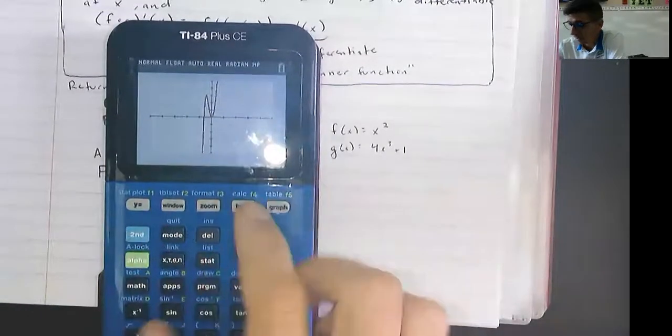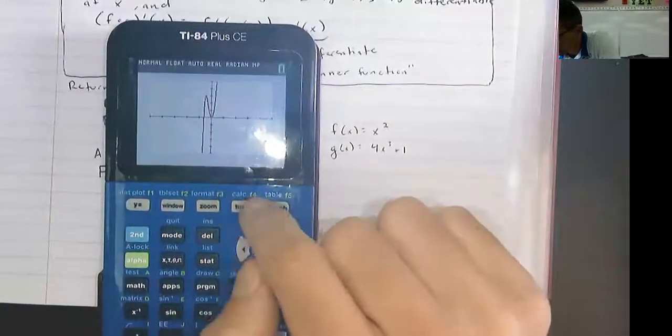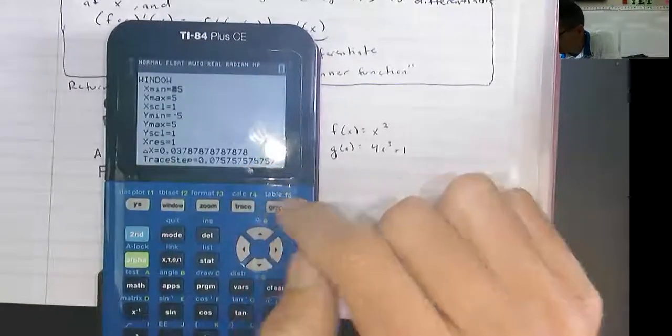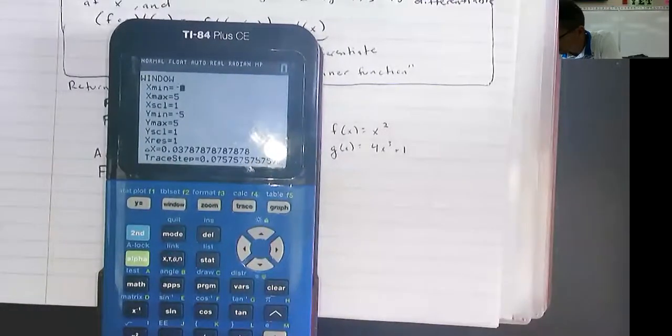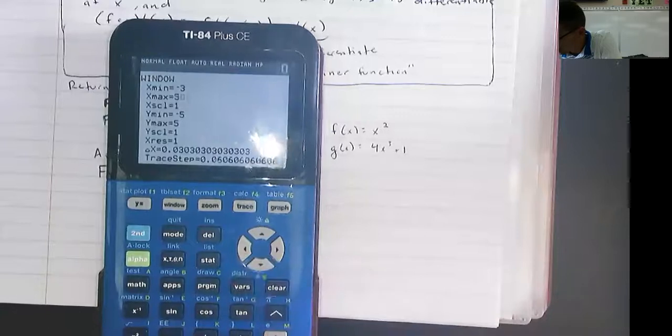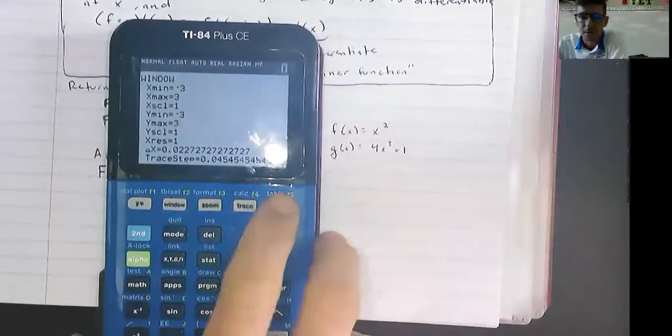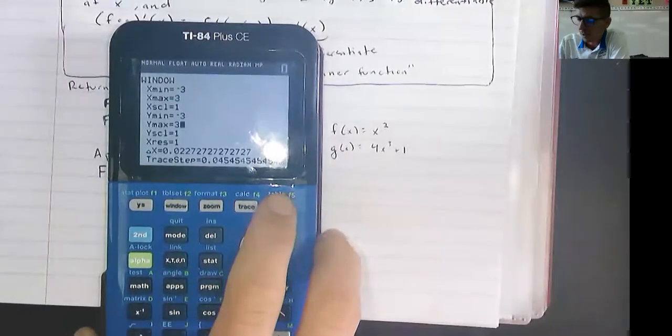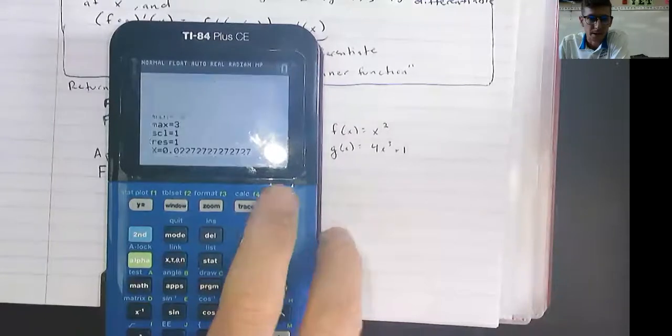We could change the window maybe and do that again, but I think we're okay. Let's do like -3 to 3. Let's zoom in a little bit. So the first one we see will be what we computed, and the second one will be the calculator.